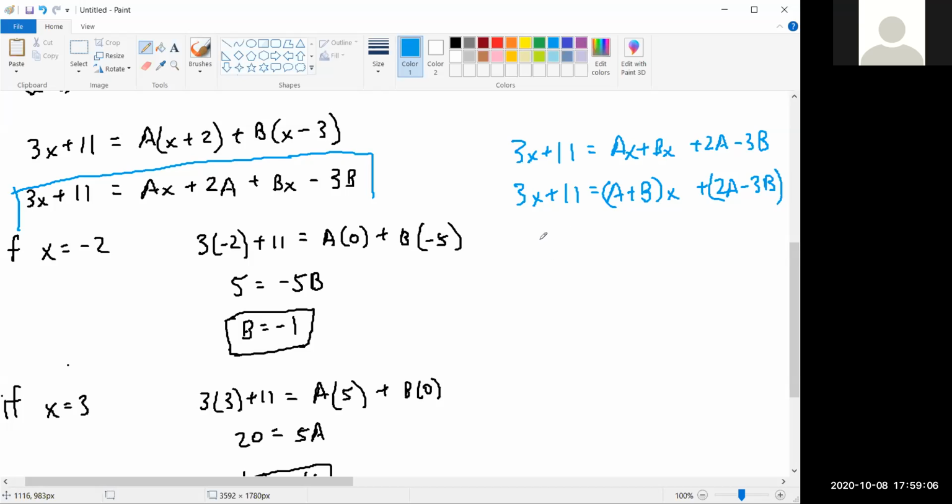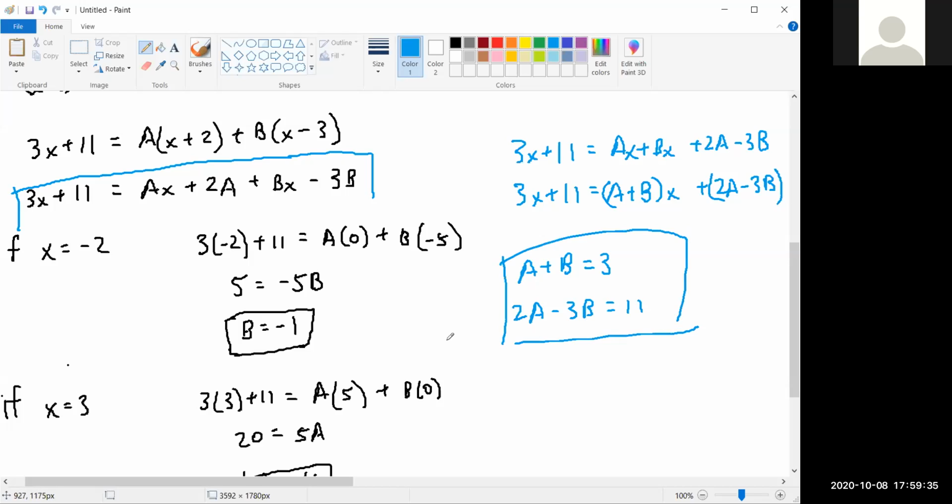Yeah, basically a plus b is the coefficient in front of the x, so that has to be the 3, and then the rest has to be the 11. So from this we can write a plus b equal to 3, and 2a minus 3b equal to 11. Then you can solve this system of equations, and you should get the same a and b as we did before. We're not going to go through with it, but that's an alternative method.